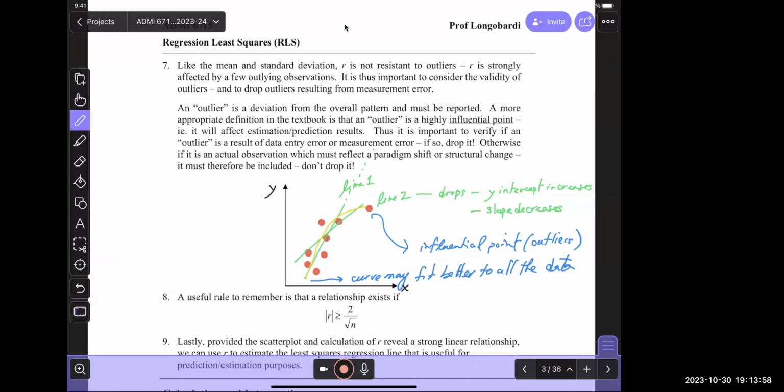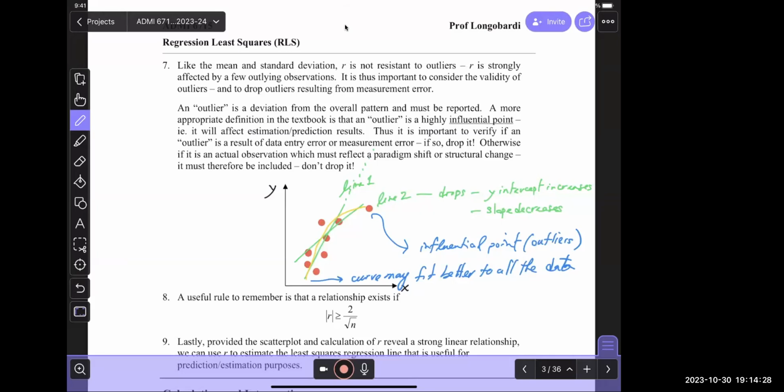So what about R? Once we calculate R, how do we know if that is a good R or a bad R? How do we use R? We understand that R squared is a measure of the percentage of the variation in Y that's explained by X, but for R, we still don't know: is 50% bad?